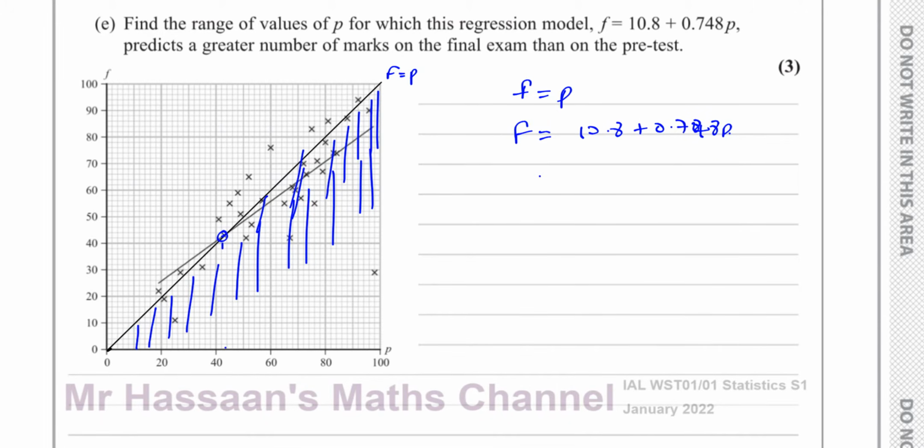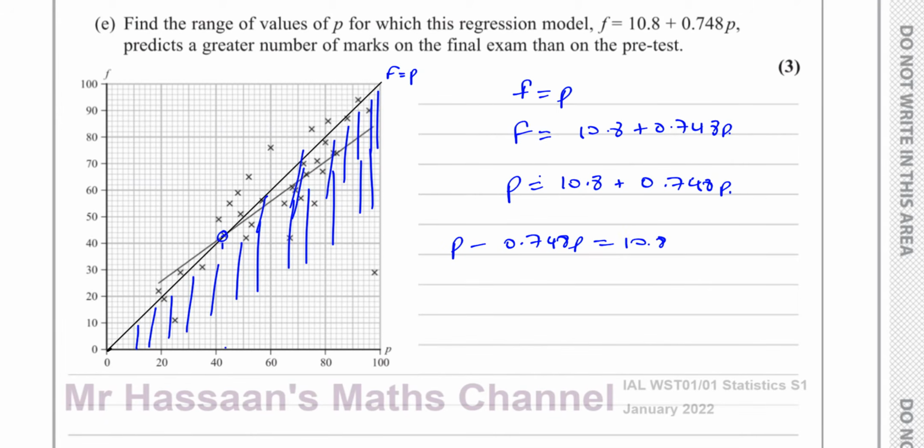Well, they intersect if you solve these two simultaneously. So I can replace this with P, because we want to find the values of P. So P is equal to 10.8 plus 0.748 P.